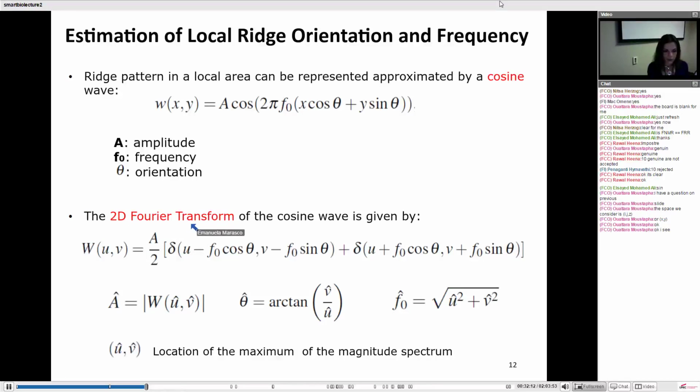We have the Fourier transform of our function to represent the ridge pattern. And at this point, after the transformation is performed, we only work with frequency, right? We lose the information about the location because we only see the frequency.